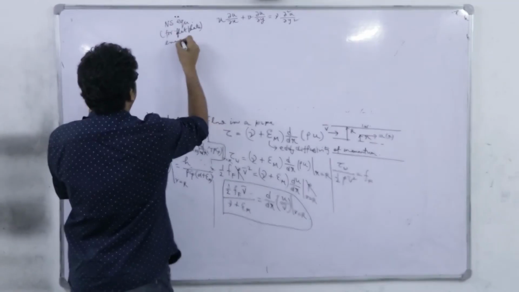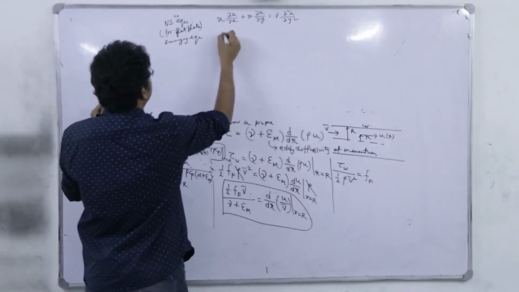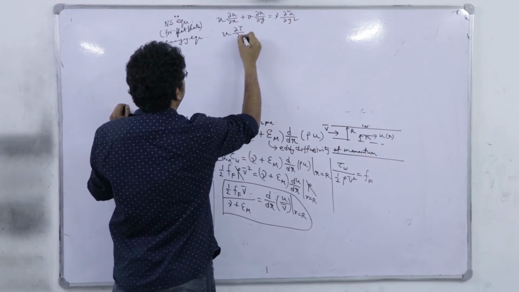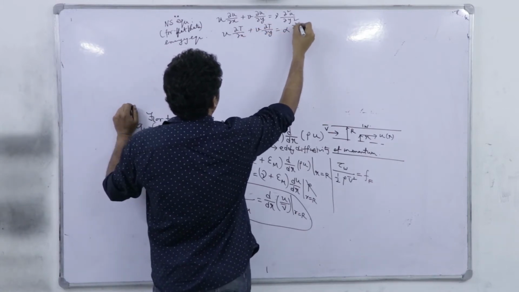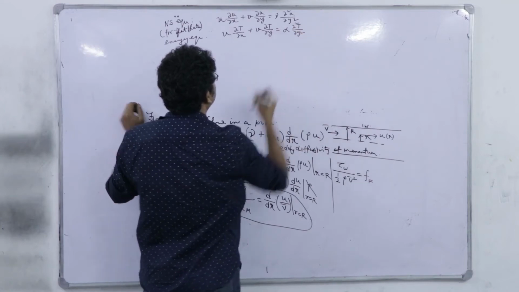And the energy equation, U into del T del x plus V into del T del y is equal to alpha into del square T del y square.